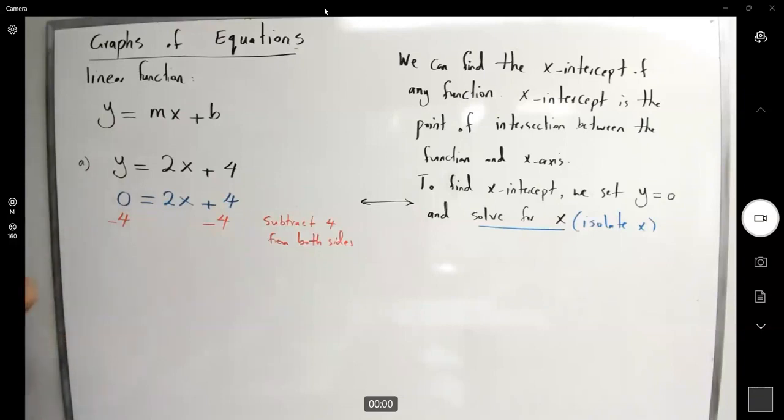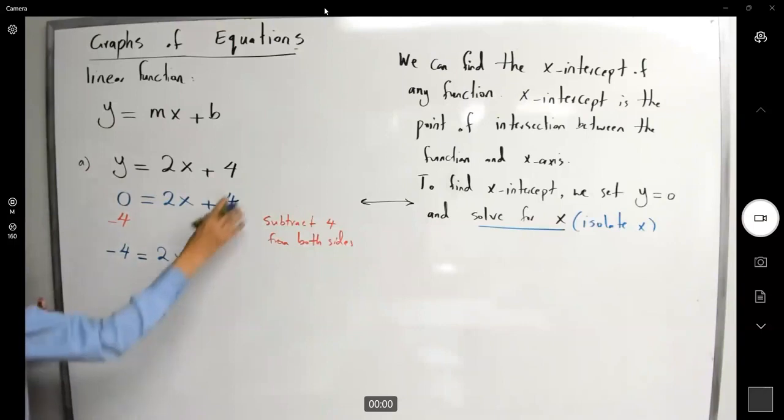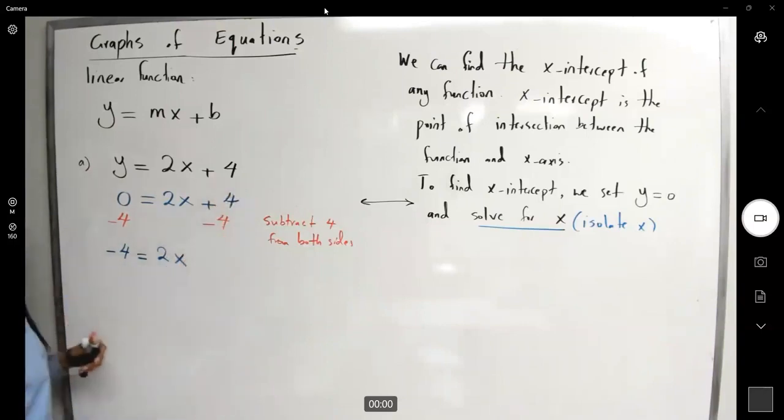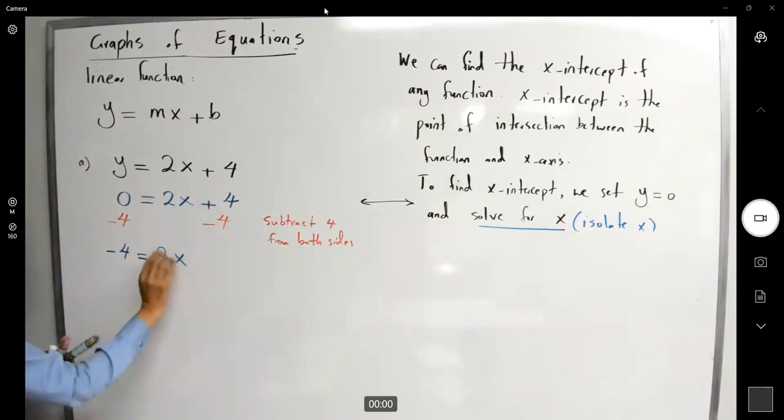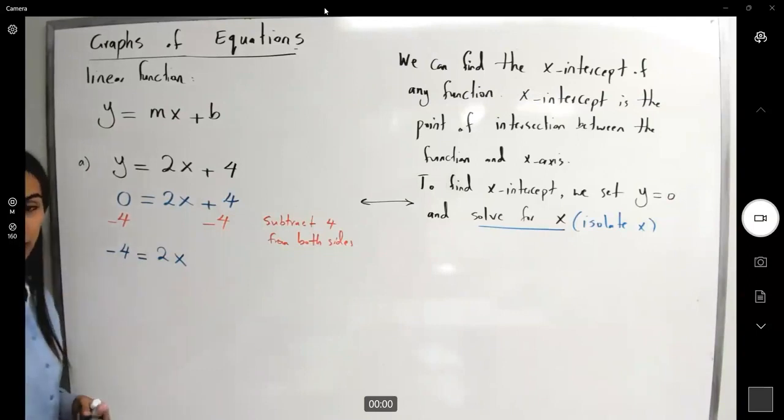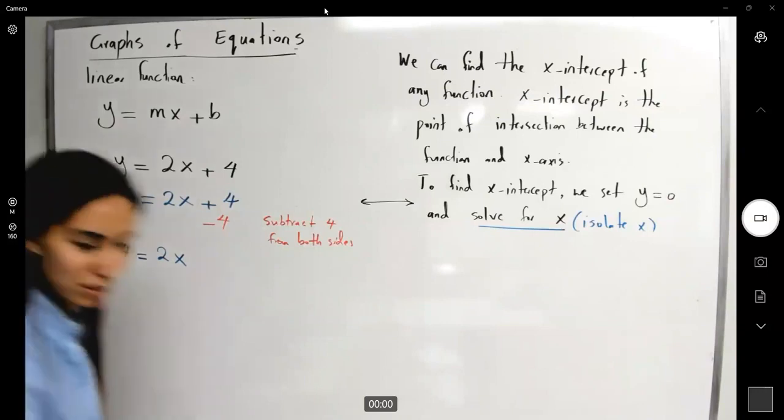I have minus 4 equals 2x, because 4 minus 4 is just 0. So I have 2 times x equals negative 4. To isolate x, I have to get rid of this coefficient by dividing both sides by 2.